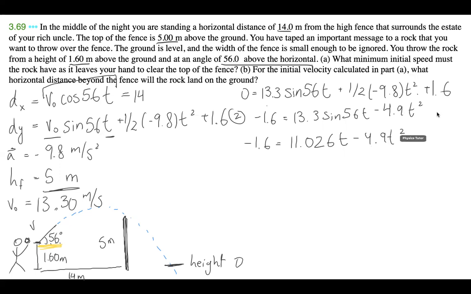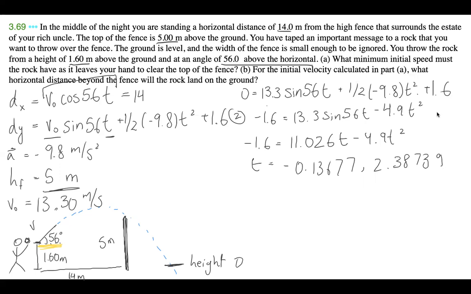Okay, so when I plug that into a quadratic calculator, or you can use the quadratic equation, the two values that I get for t are negative 0.13677 and 2.38739, right?